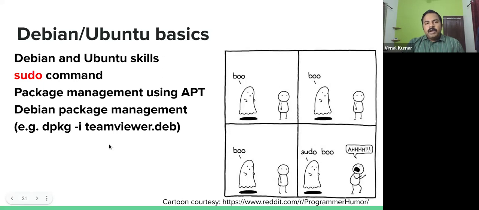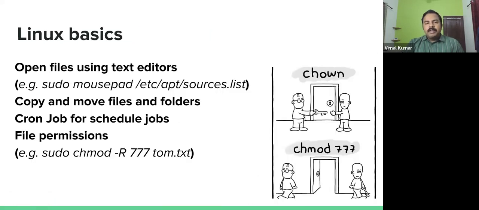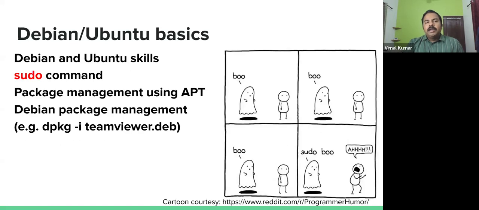Then Debian and Ubuntu are Linux-based operating systems. Certain things are applicable to all Linux-based operating systems, and Debian and Ubuntu are a special kind of Linux-based operating system. Their architecture is different from other Linux-based operating systems. They have their own application format and their own commands.